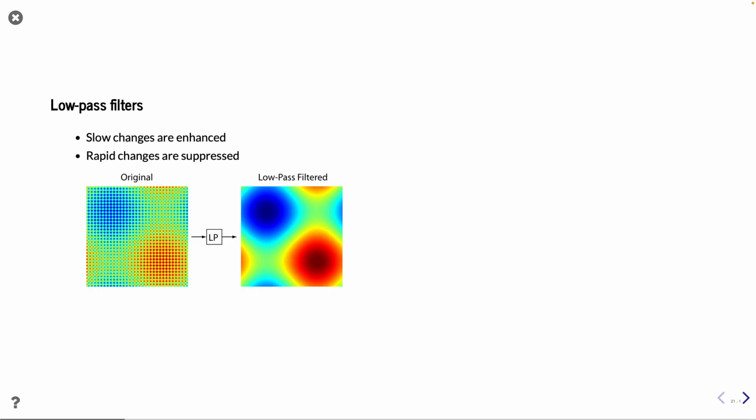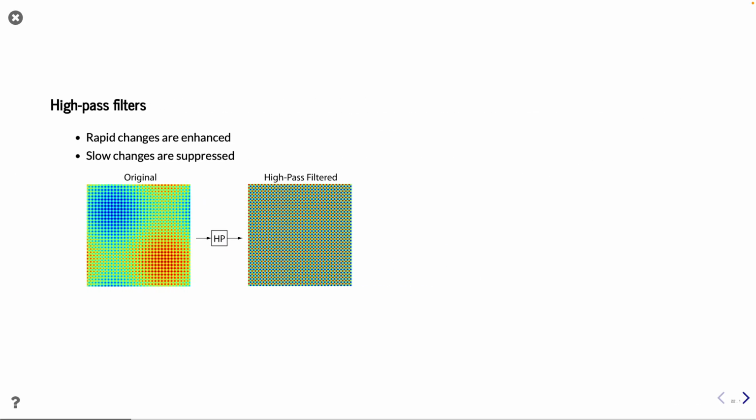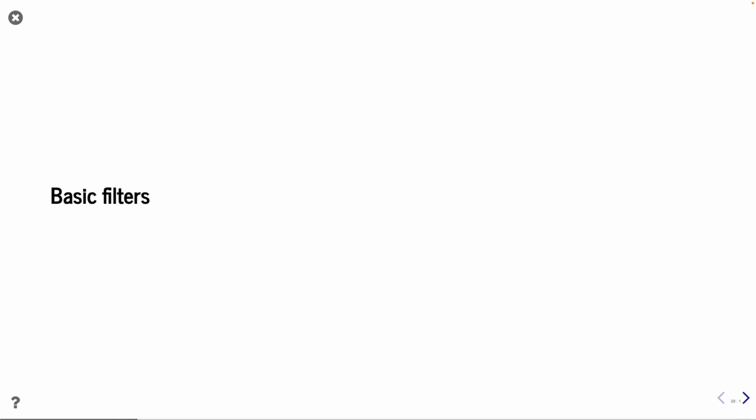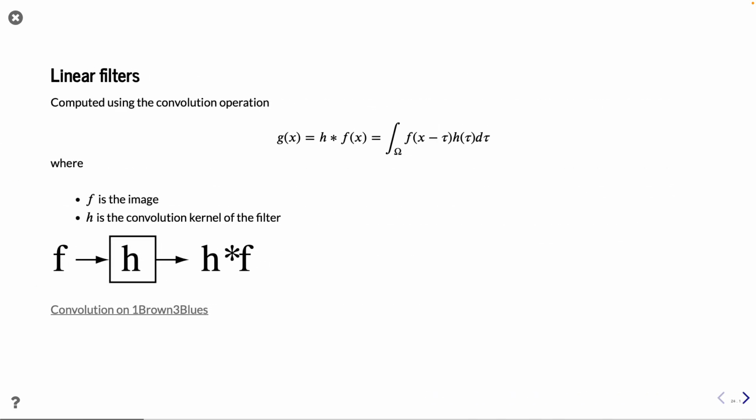There are different types of filters, depending on what information you want to amplify or suppress. And the two classic ones: one is the low-pass filter, which preserves slow variations in the image and suppresses rapid changes in the image. Here I have the original, where you can see an overlay of two types of signals.